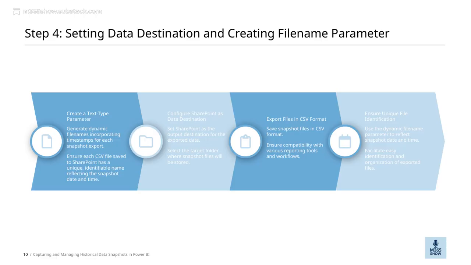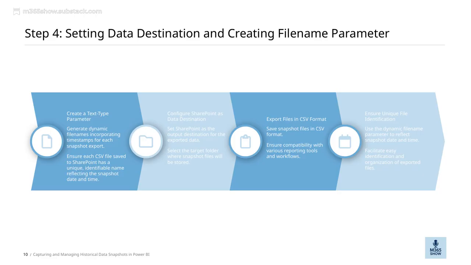Next, we'll set SharePoint as the destination for these files. You'll choose the target folder where all snapshot files will be stored, streamlining your data management process. To make each snapshot distinct, we generate dynamic file names that incorporate timestamps. This guarantees that every CSV saved to SharePoint has a unique, easily recognizable name that reflects the exact date and time of the snapshot.